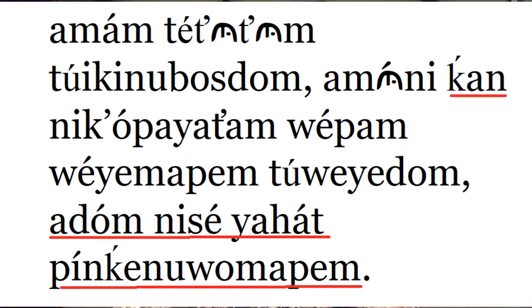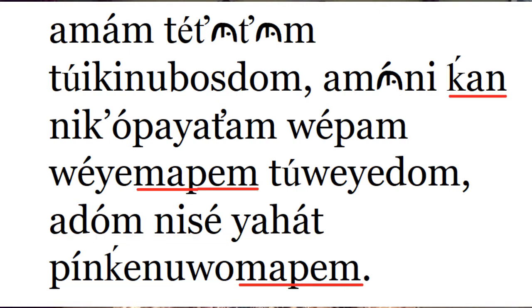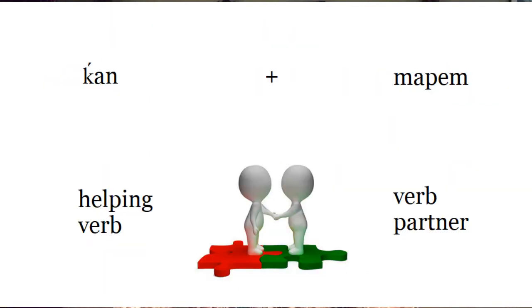Pinkanuomapem. This is a verb partner to con, the same con that comes right after amuni. Weamapem and pinkanuomapem both share that con helping verb. Do you remember what we just learned about con plus mapem? It means will be able to do or would be able to do.